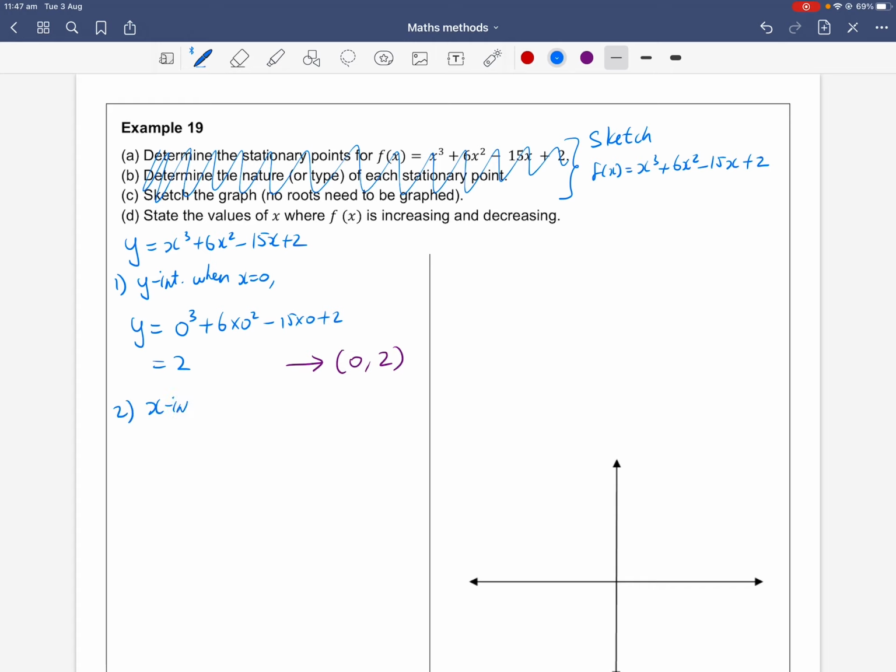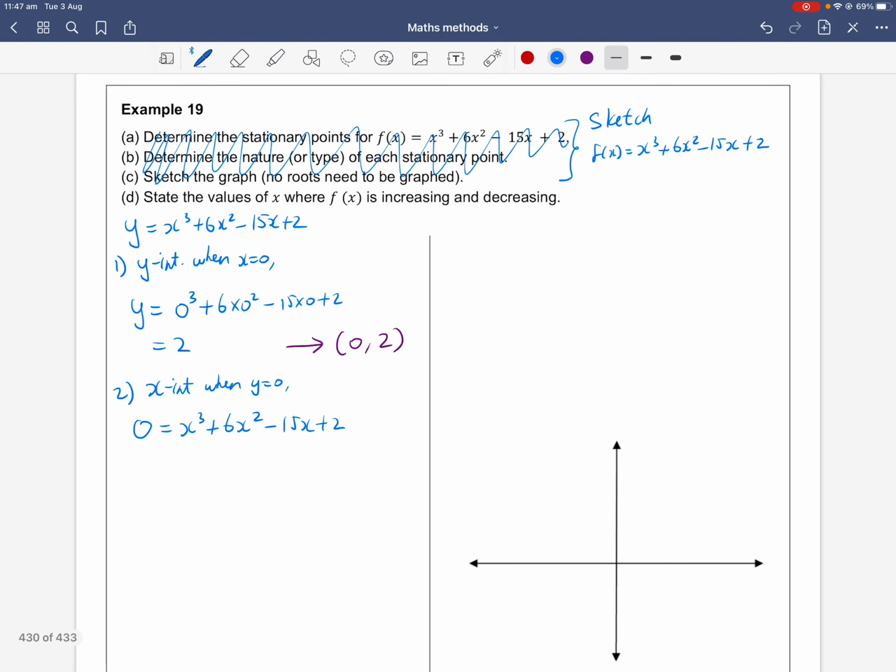Then next step, we need to work out the x-intercepts when y equals 0. So we have 0 equals x cubed plus 6x squared minus 15x plus 2. That's not really a nice cubic to solve, so we're just going to rely on our graphics calculators for now. If you want to solve this algebraically, we would have to do what we did in Unit 1, which was guess an answer, set it to be a root, and then do long division to fully factorize it.